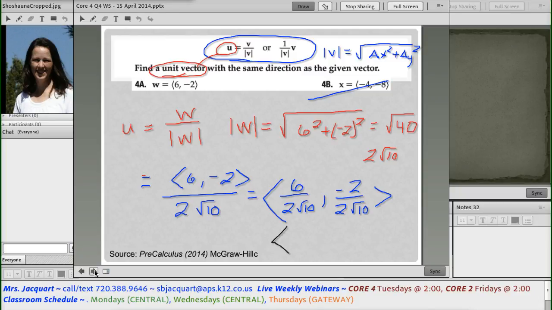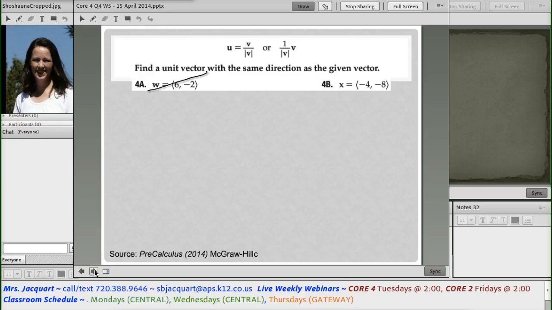So I get 3 square root 10 over 10 comma negative square root 10 over 10. Because the 2 canceled, 6 went to 3, and then you want to multiply top and bottom by square root 10 over 10. So that bottom one is my resultant vector. Super cool.